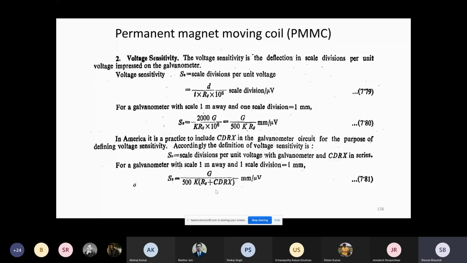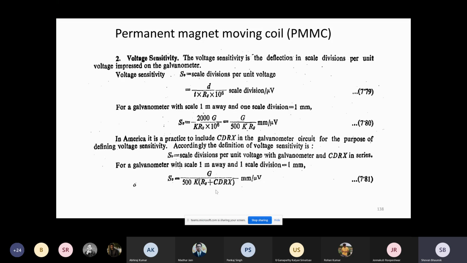So what was the meaning of the current sensitivity? The meaning of the current sensitivity is the amount of deflection which is produced when the unit current is passed.